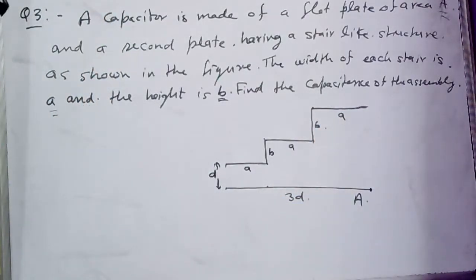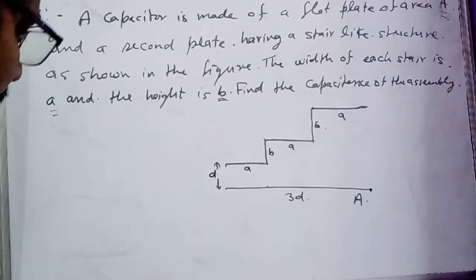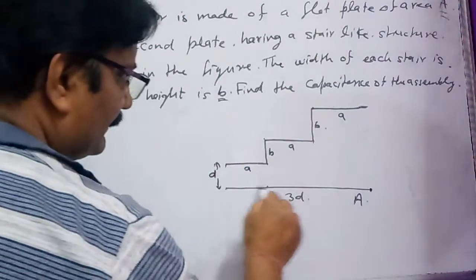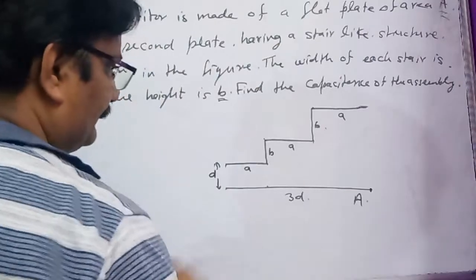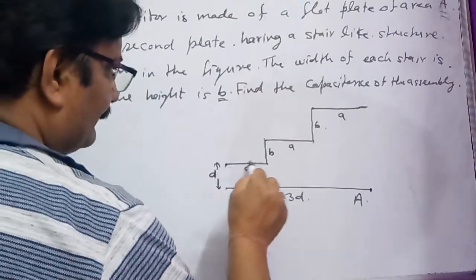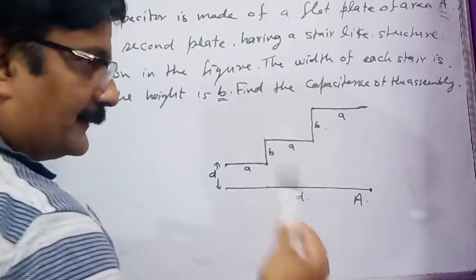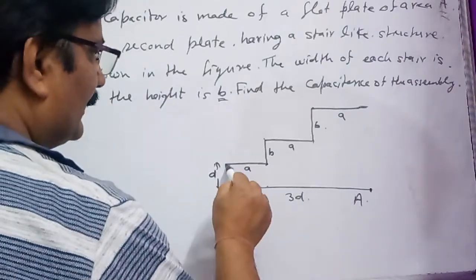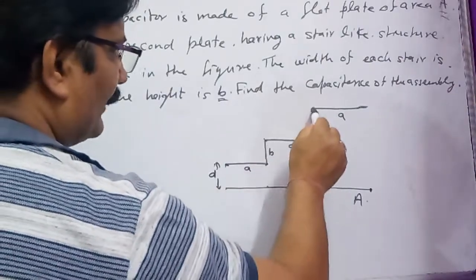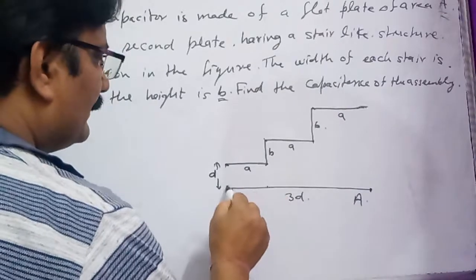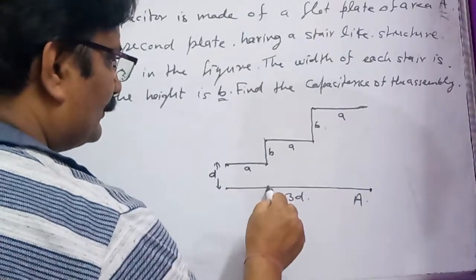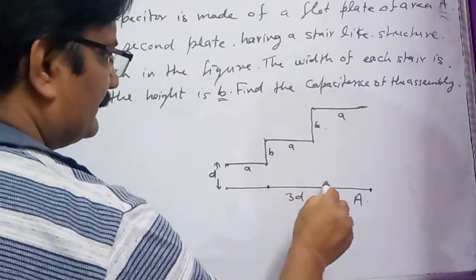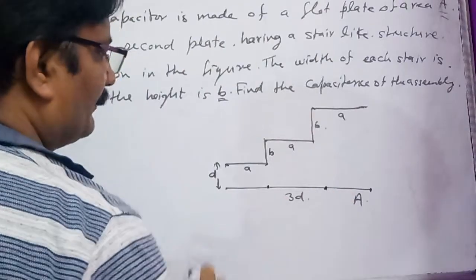So students, to solve this question, if the total area of this plate is A, each stair is going to form a different capacitor. If these three distances are equal, it means area A is divided into three equal parts.